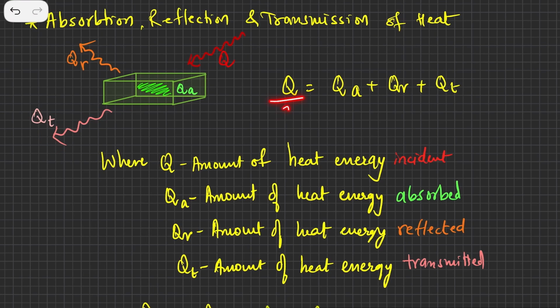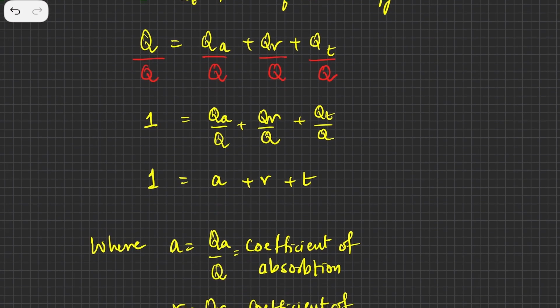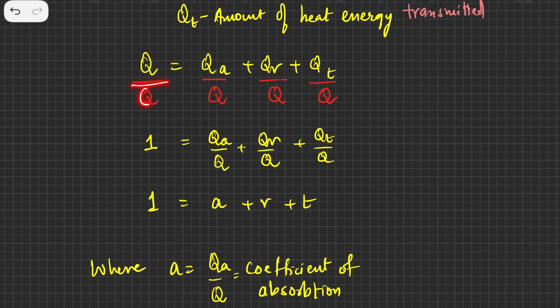Now if I divide this whole equation by Q, I would get something like this. I have just divided the equation. If you can see, divided by Q, Q, Q and Q. Now Q and Q get cancelled on the left side, I get 1, and this QA upon Q we cannot cancel, but yes, this QA upon Q is written as only A, small a.